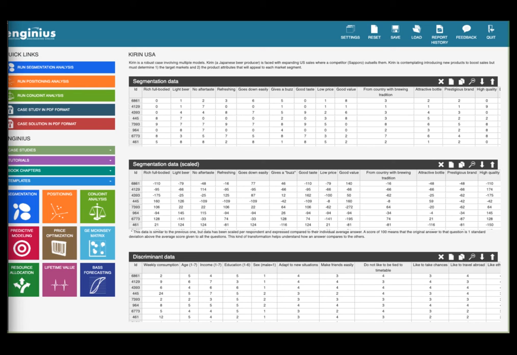Among the major questions, the new product team is most concerned about the identification of US import beer segments that would respond more favorably to a new Kirin product concept. The team also wants to know who the potential customers in each segment are, and their needs, lifestyles, attitudes, and so on.